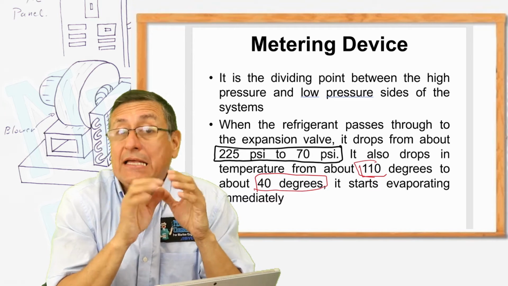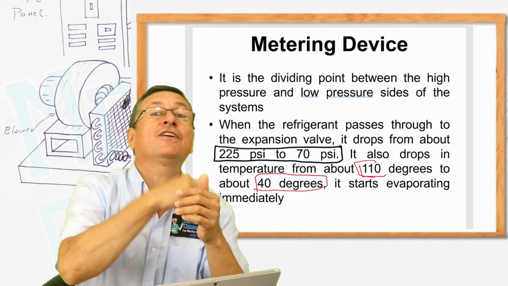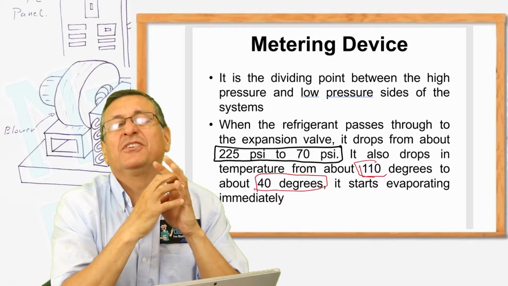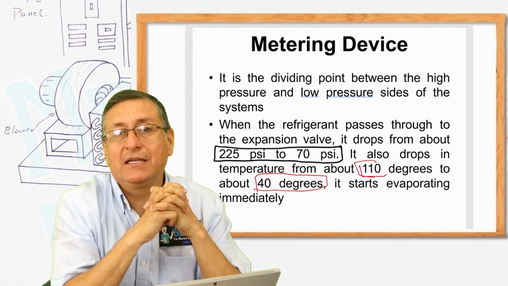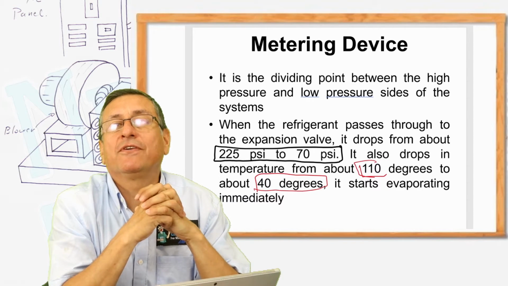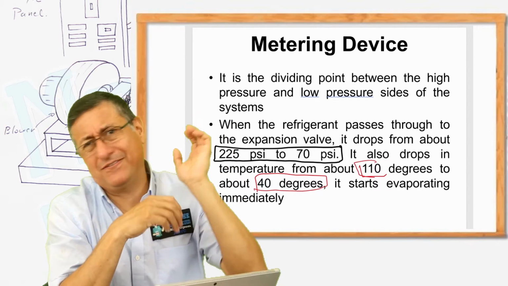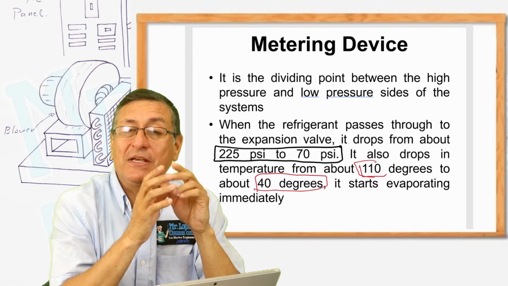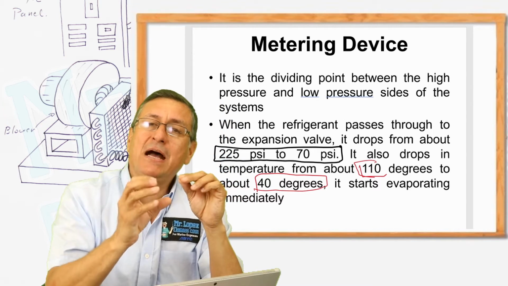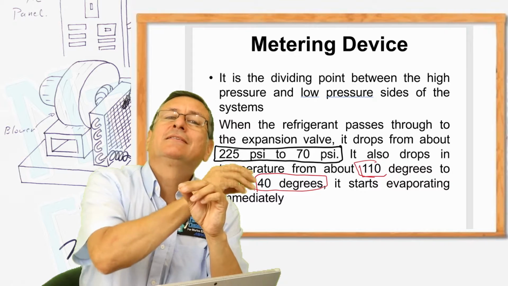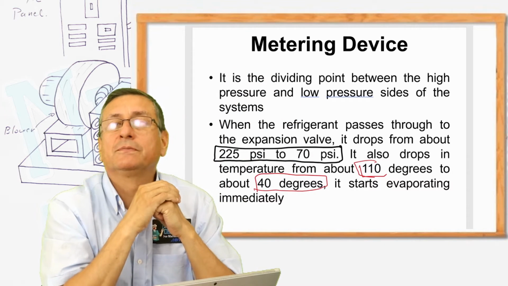It's practically ice for you and me. But for the refrigerant, it's too hot, because the boiling point of the refrigerant is at minus 20 degrees Fahrenheit. Of course, at 40 degrees Fahrenheit, it's boiling. For that reason, immediately after the refrigerant passes through the expansion valve, it starts the process of evaporation.